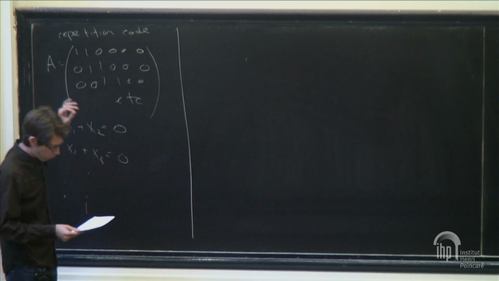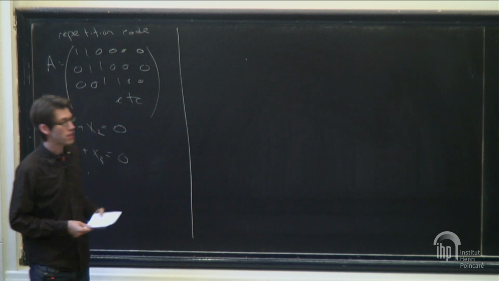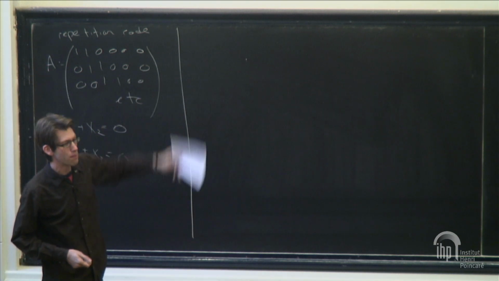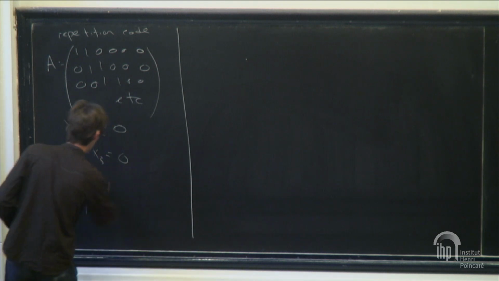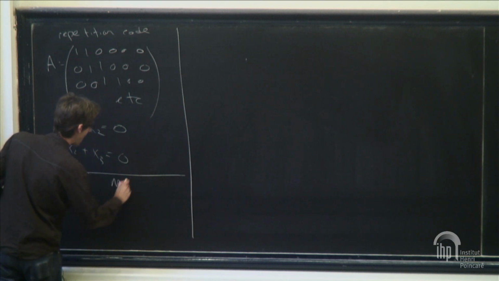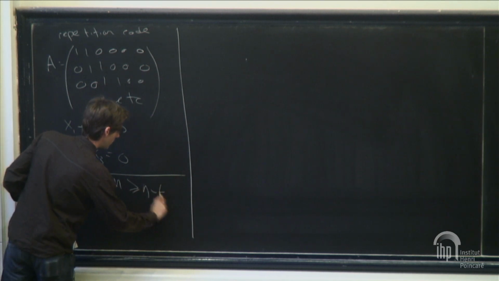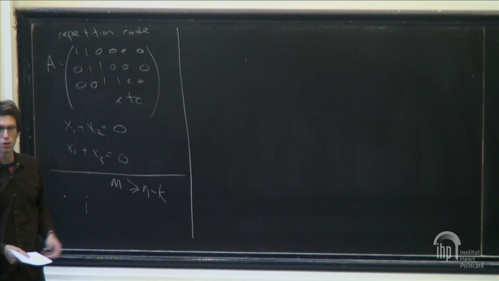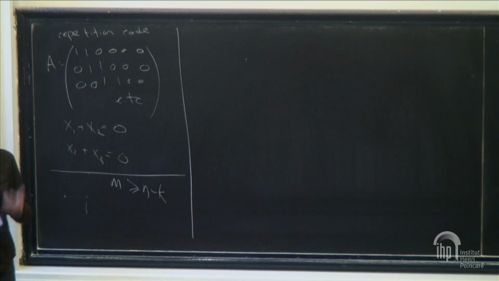And by the way, one important thing to realize is that the number of checks, m, should be generically greater than or equal to n minus k. So you can have linear dependencies among your checks, and there can be reasons why that is advantageous, which we'll return to.